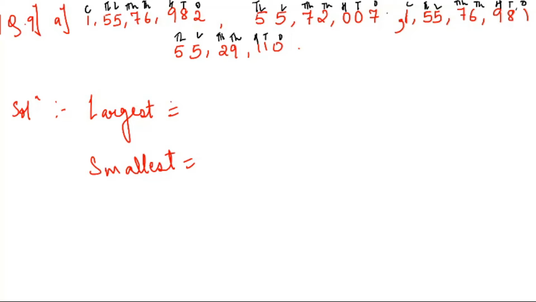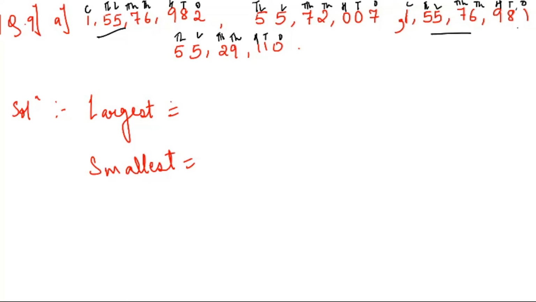Now we can decide crores are largest. So we have to decide from these two numbers. हमें ये two numbers में से find करना है कि largest कौन सा. 1 is same, 55 same, 76 same, 982, 981. So which one is larger, 81 or 82?